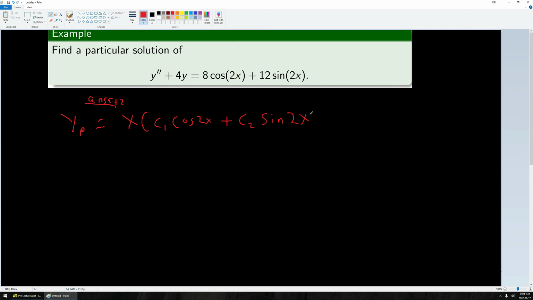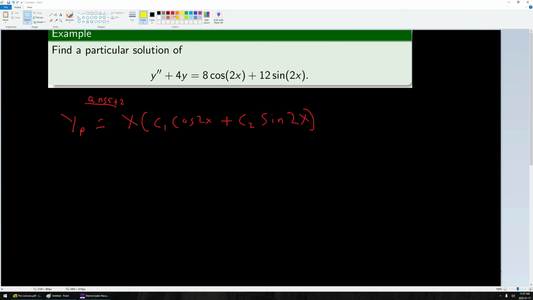Close parentheses. So if I make this ansatz, let's see what happens. In the back of your mind, this thing worked in the previous cases when I was doing exponential terms, so it might work here.